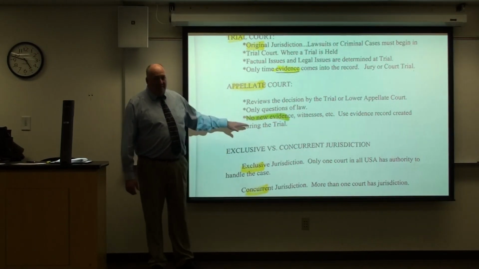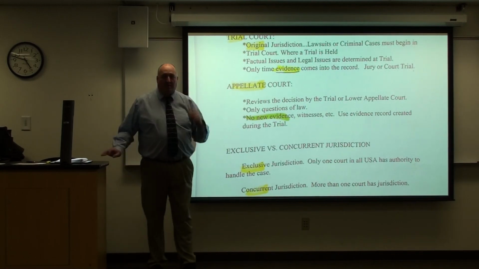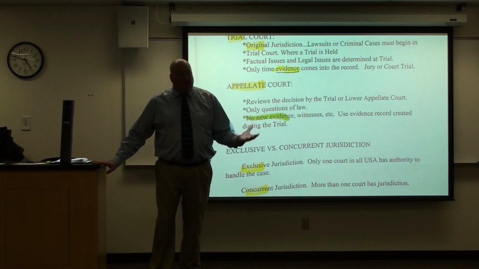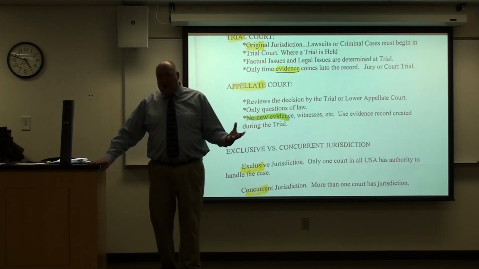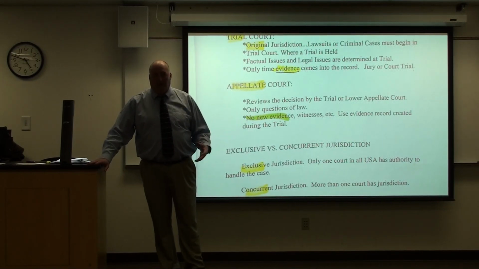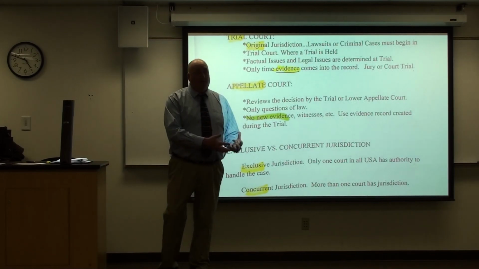So no new evidence. Now, with that said, just so you know, sometimes after a trial, new evidence is discovered that would have materially changed the outcome of the first trial. Like back in the 80s, when DNA was really starting to come into play, we had a lot of DNA cases where it proved the person that was convicted maybe wasn't guilty.